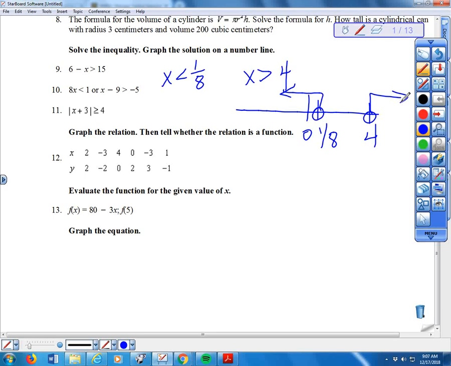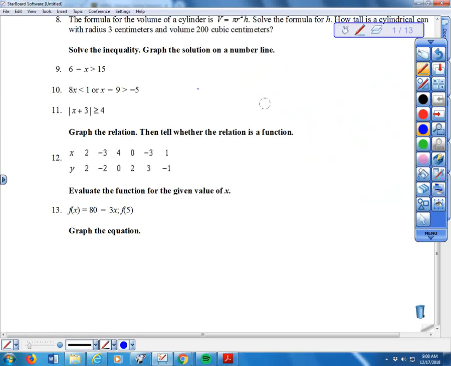Okay, this one is an absolute value. So with an absolute value, you've got to set it up as two different inequalities. So the first one, you drop the absolute value. The second one, you drop the absolute value, flip your sign, make it negative.